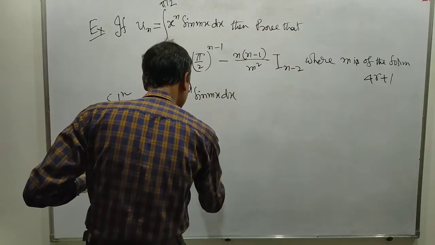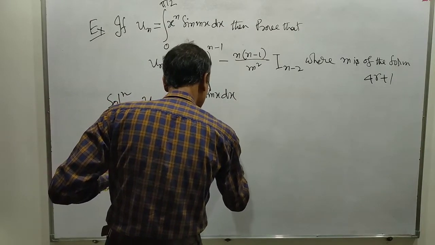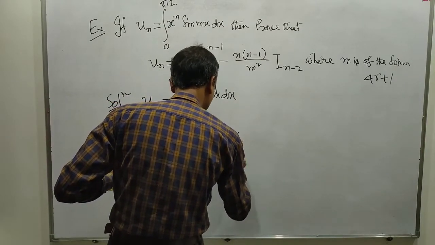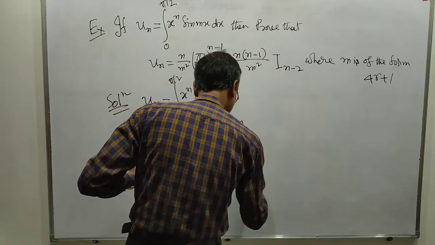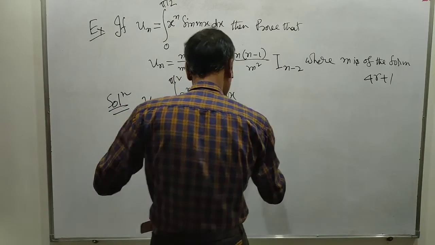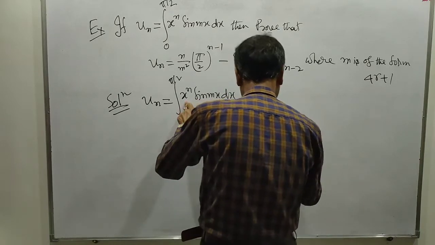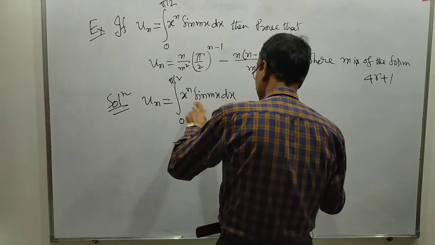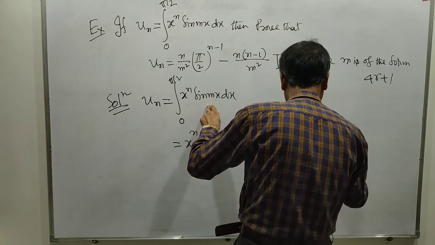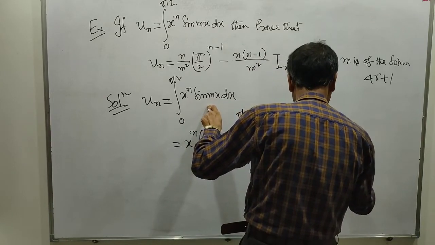X to the power n into minus cos mx divided by m, 0 to pi by 2, minus integration 0 to pi by 2 differentiation of the first function into integration of the second function, the integral of this.